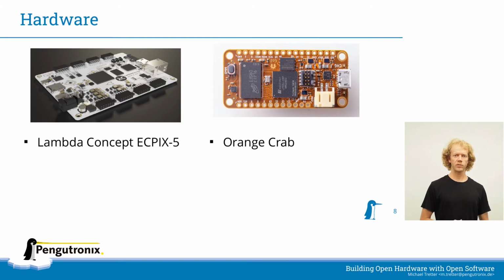The OrangeCrab is a very small form factor hardware board. It works via a single USB connection to a host PC. USB is used to power the device. It will appear as a DFU device on USB and allows you to send a bitstream to the FPGA.